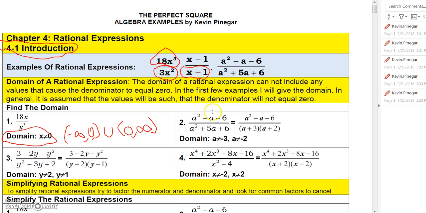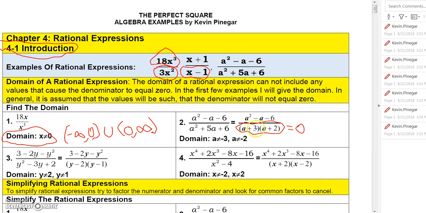Okay, so now on this one, I need to factor the denominator, because when I want to find out what makes a quadratic expression equal 0, one way to figure that out is to factor it, and this factors into a plus 3 times a plus 2. You remember before we talked about how to solve these equations by factoring.